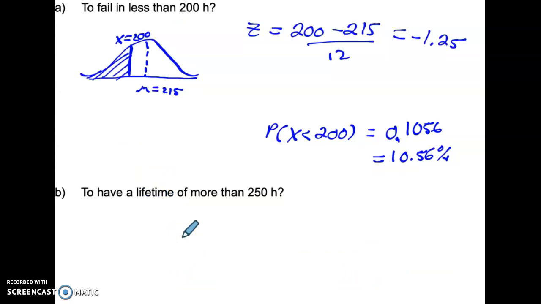In part B here, they want them to have a lifetime of more than 250 hours. So the probability that x is greater than 250, remember that's really just 1 minus the probability of x being less than 250.